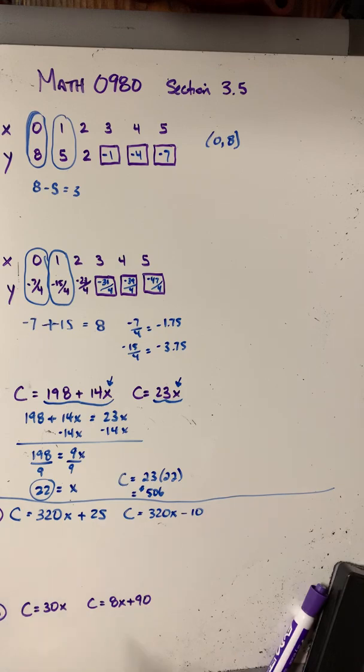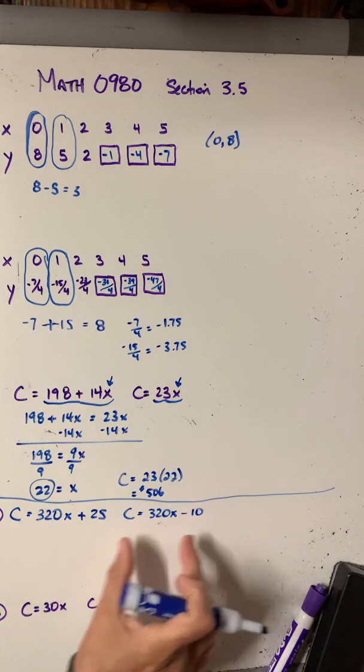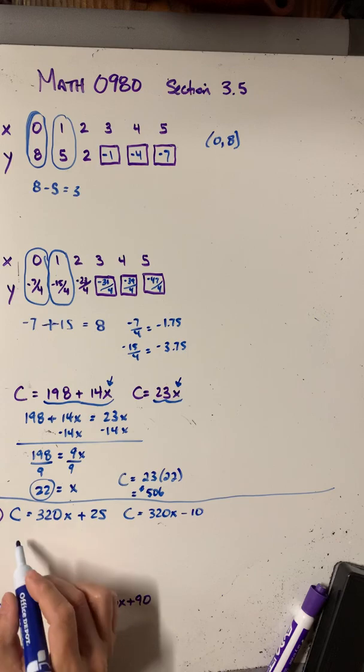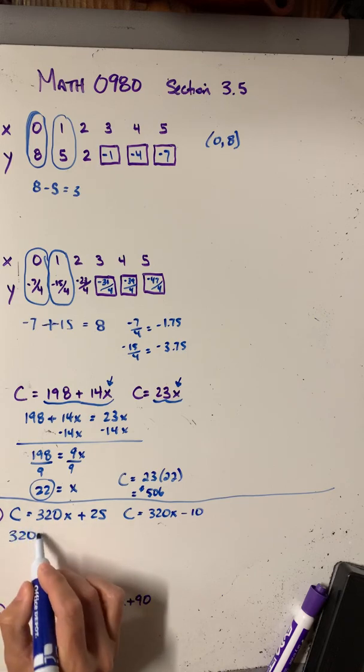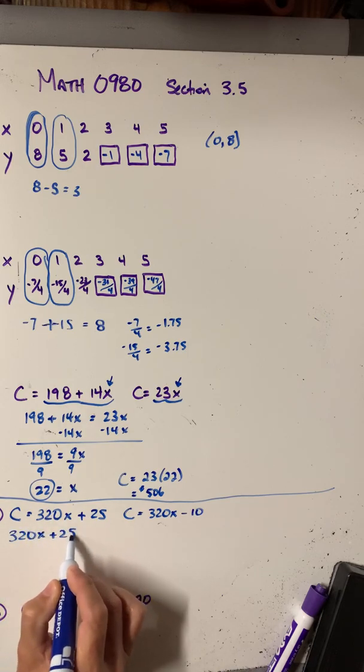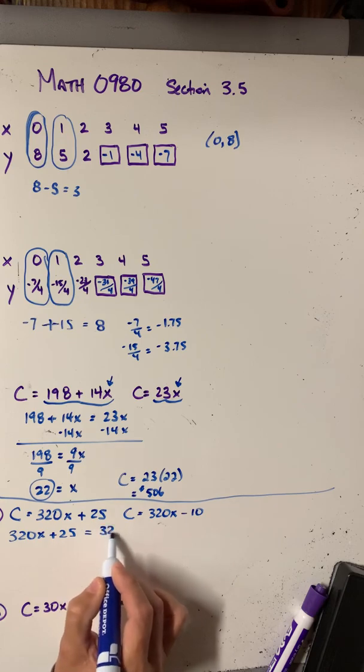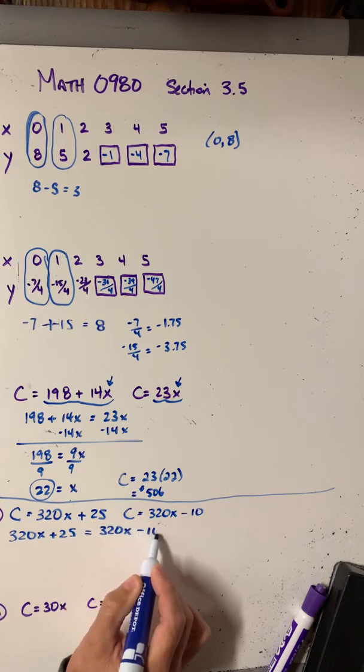So I just wanted to help you develop those cost functions. And then it says, write the cost model functions for both farmers and find the amount of corn that makes the cost equal. So they're asking for the question of equality. So we're going to go 320x plus 25 equals 320x minus 10.